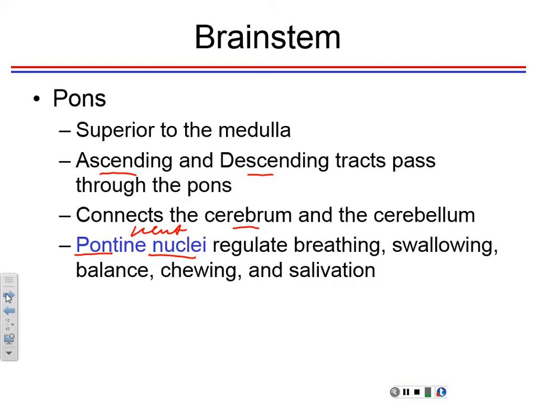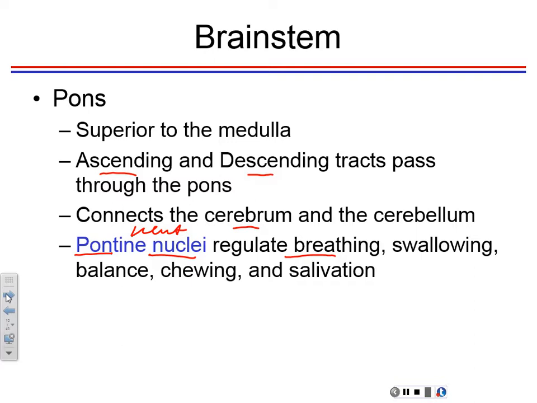So the pons regulates breathing rate, swallowing, balance, chewing, and salivation. The critical functions we have seen controlled by the brainstem so far are the blood vessels, through the vasomotor center in the medulla, and also breathing, the depth of breathing and how shallow it is depending on the activity.